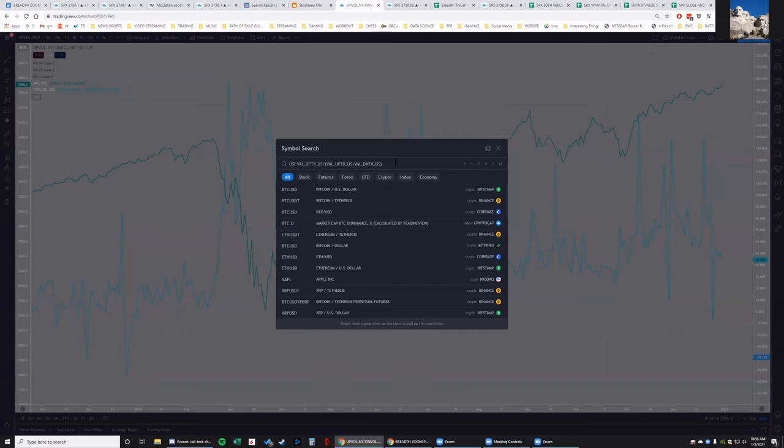So if your mega caps are going up a lot, it's going to drastically increase the up value, versus the volume won't be as big because a lot of your bigger volume is going to be in small stocks. So if you're looking at volume, you're giving more weight to the smaller stocks. If you look at value, you're giving more weight to the large stocks. And I found this to be very useful.